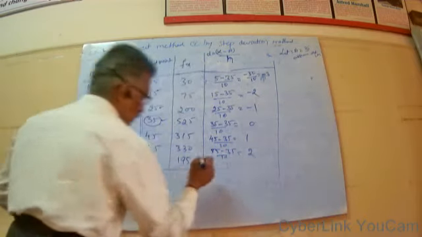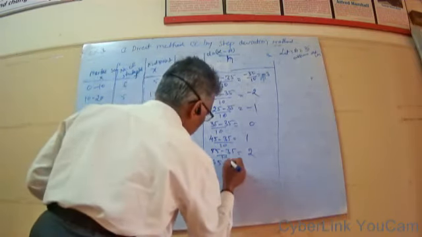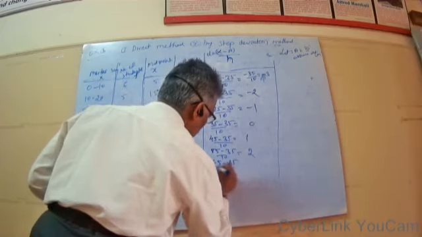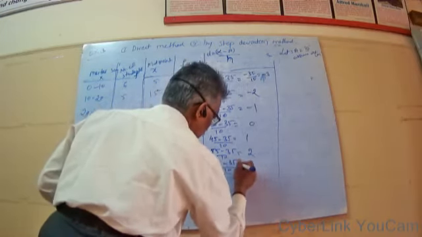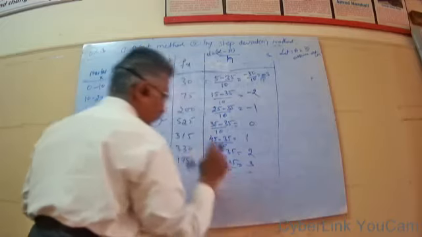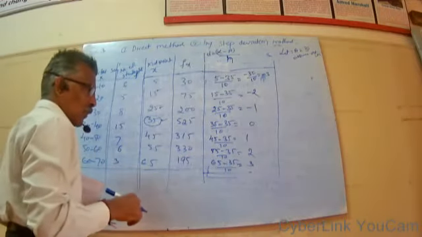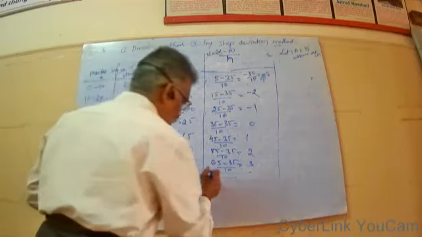Similarly 65 minus 35 divided by 10 is 30 divided by 10, which gives you 3.